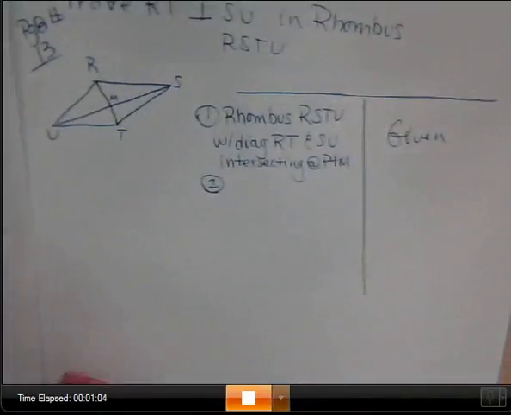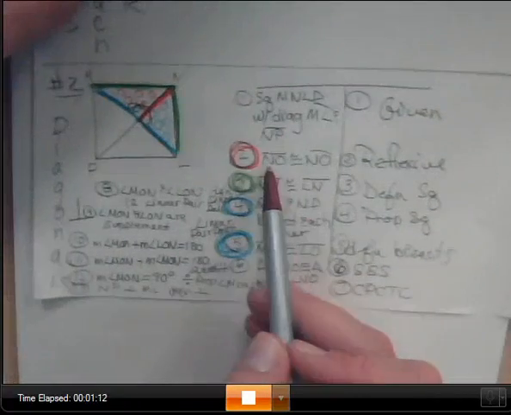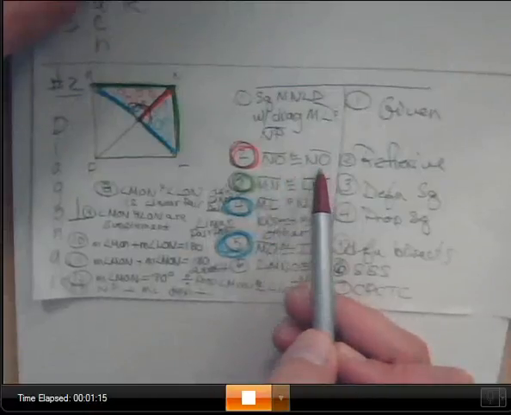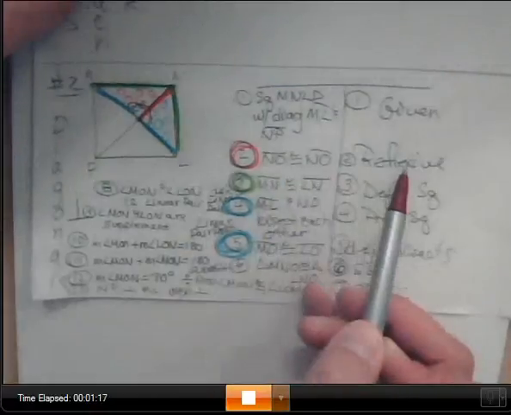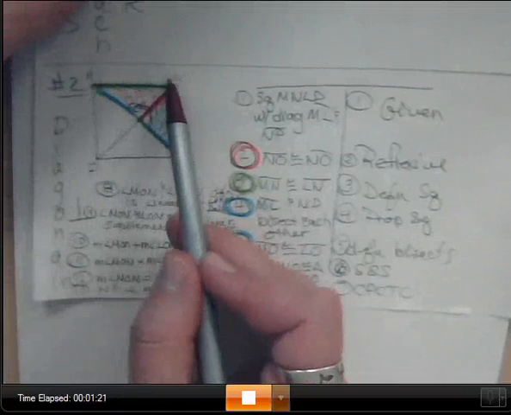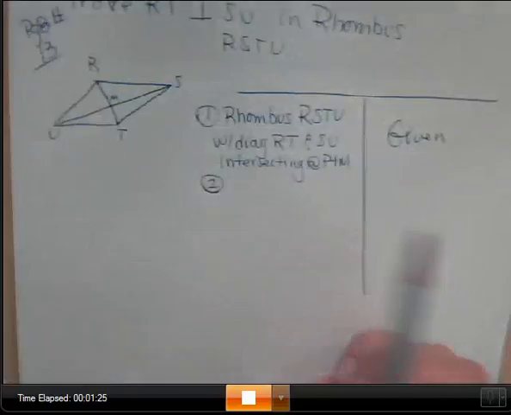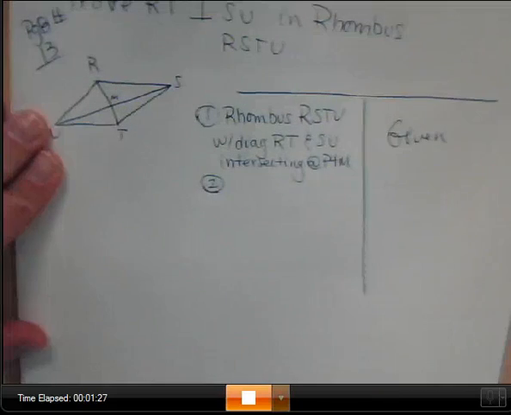Okay. Now, if we look at our proof from the square, step 2 said NO is congruent to NO. And we used reflexive. So we use this common side. If you look at this proof, we are trying to show these two triangles that are right next to one another congruent. So let's do the same thing here.